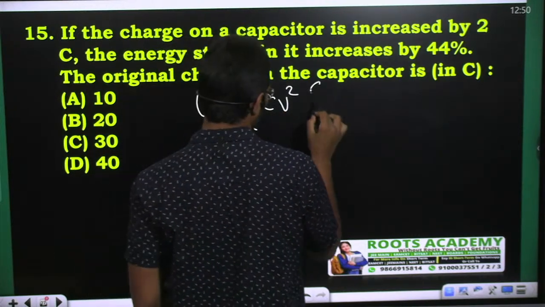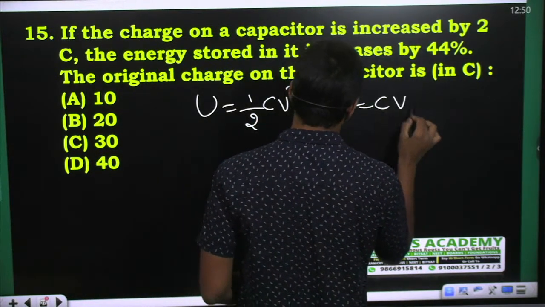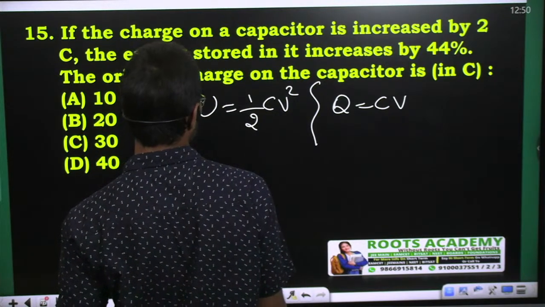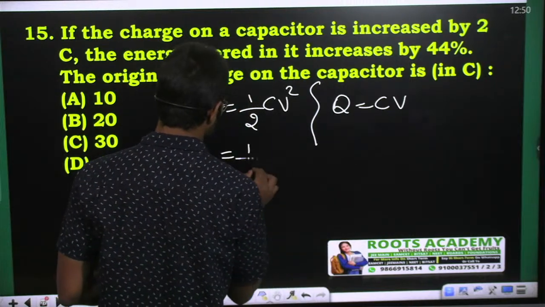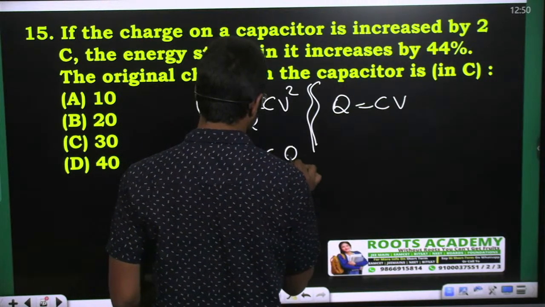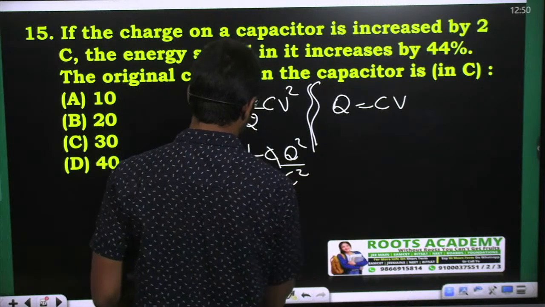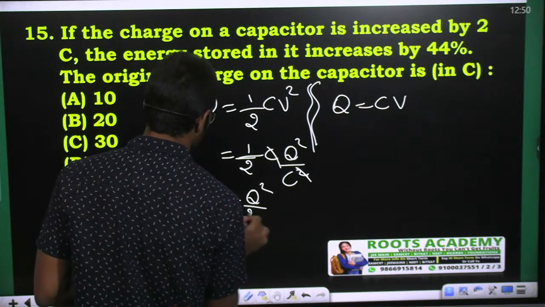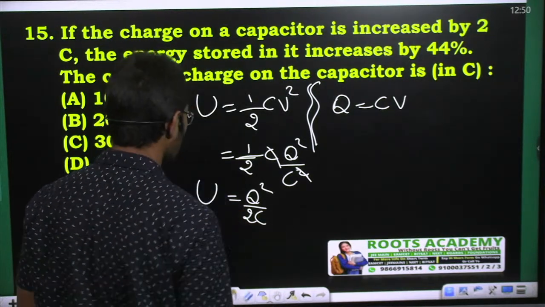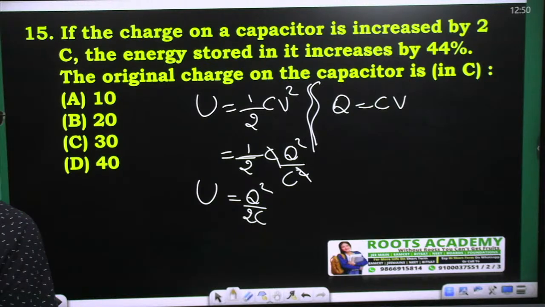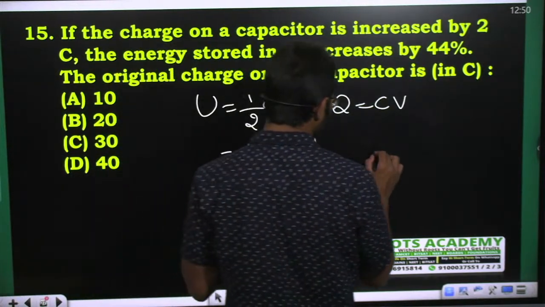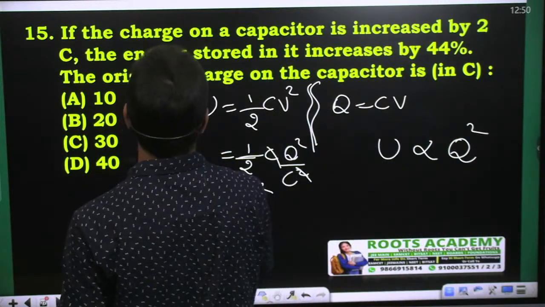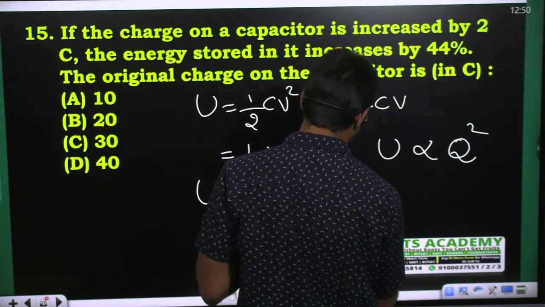We know Q is equal to CV, so replace V by Q by C. Q square by C square, so U is Q square by 2C. C always remains constant. So U is proportional to Q square. The energy increases by 44%, so 1.44.